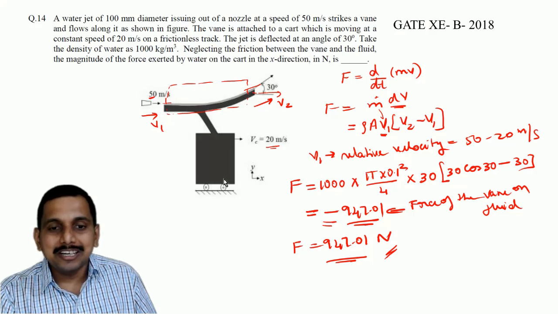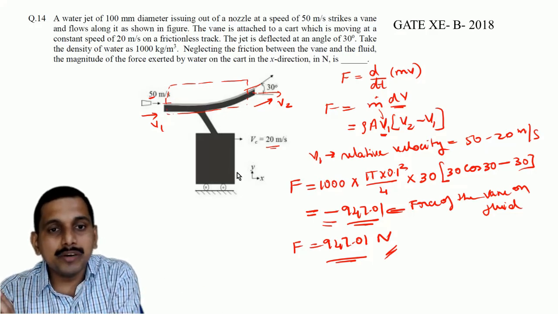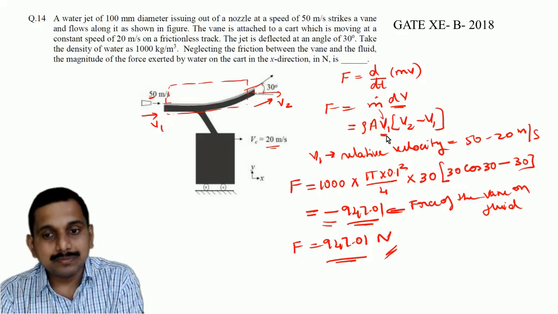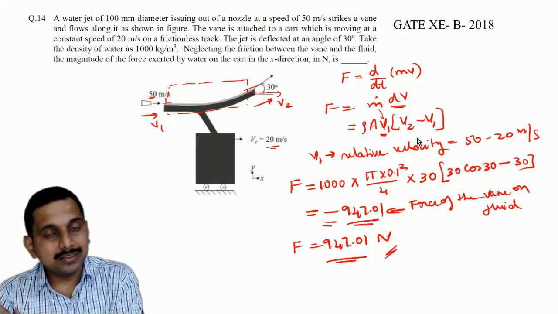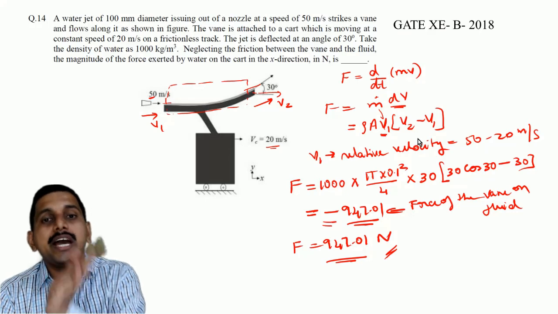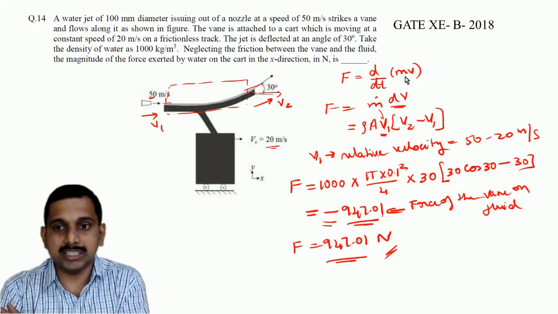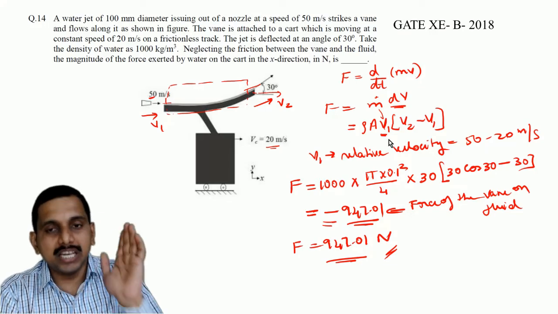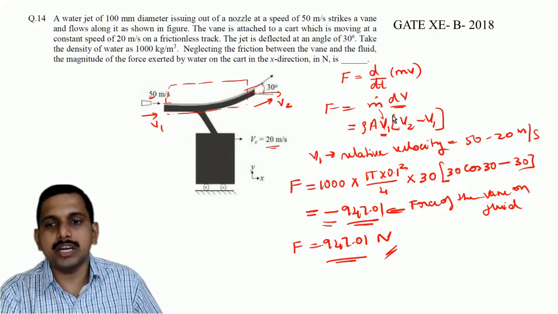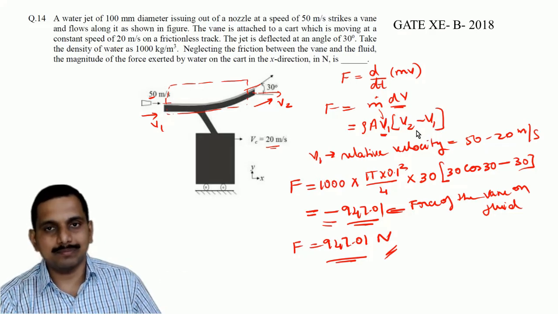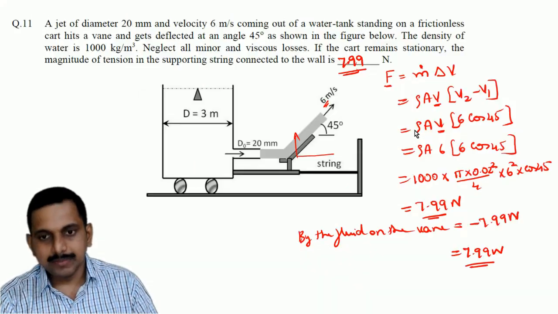So for the mass flow rate calculation as well as the velocity, this v1 has to be taken as relative velocity only. This is one thing we have to understand.